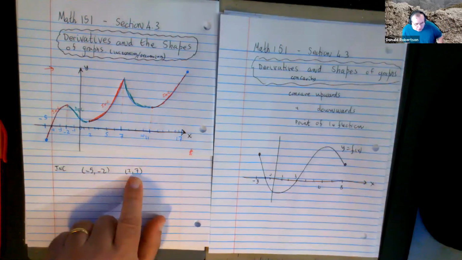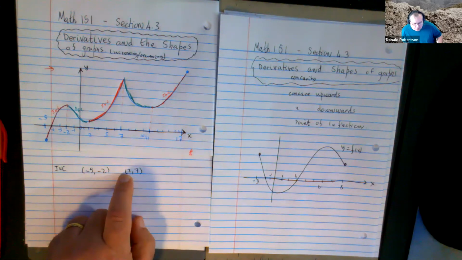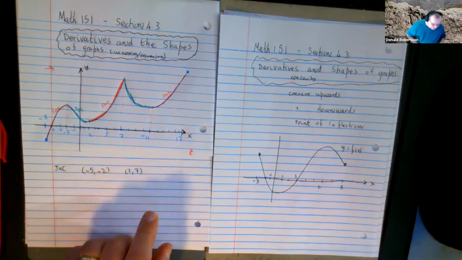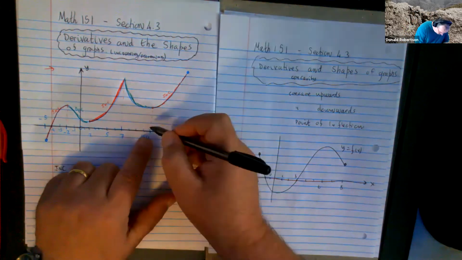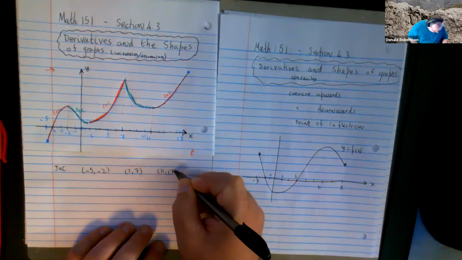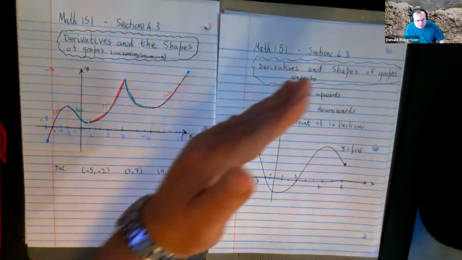These are not coordinates, these are intervals. This is from x is 2 to x is 7. This is from x is -5 to -2. And would you agree there's another place from 11 to 17? And in these intervals, this function is going uphill, it's increasing.